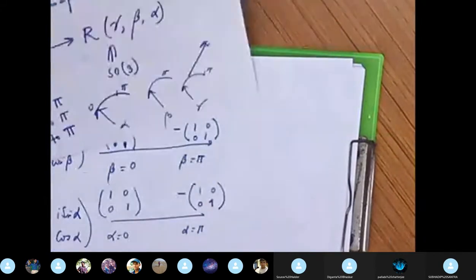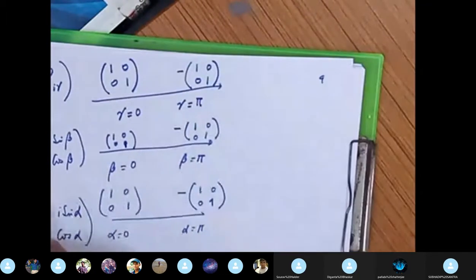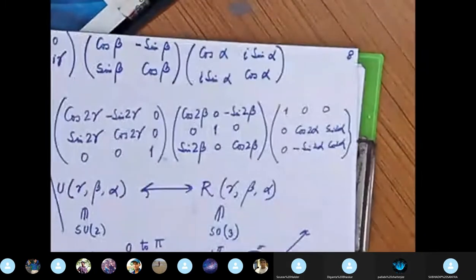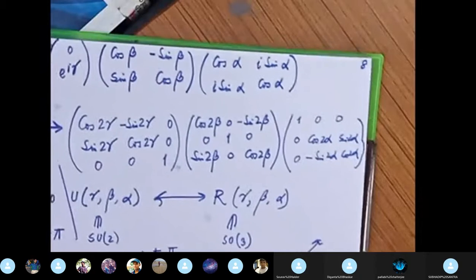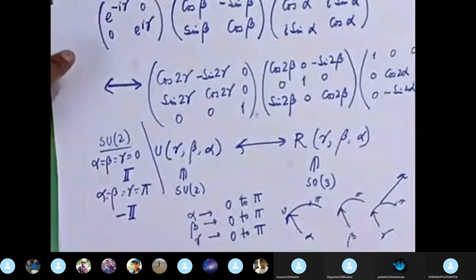Okay, now see this. I will end with this. That means as alpha varies from 0 to pi, you move from the identity matrix in SU2 to the minus identity matrix.